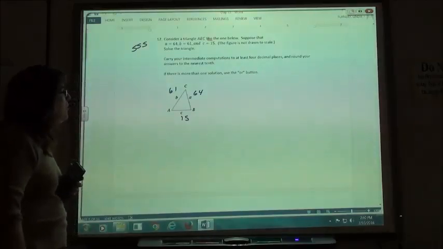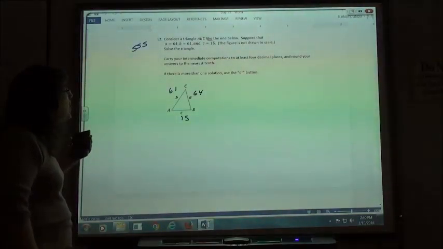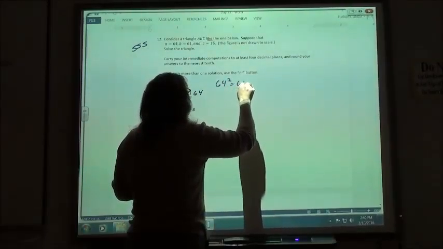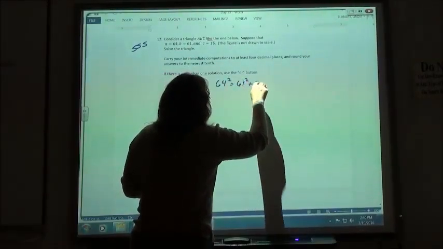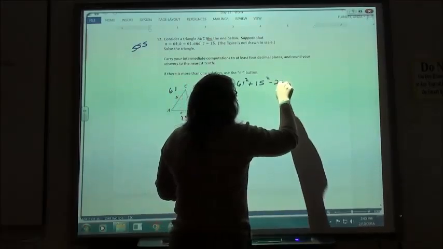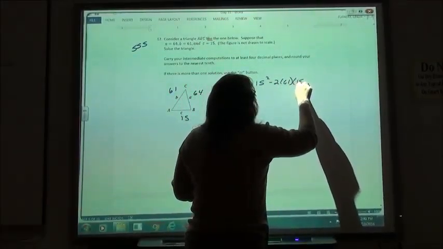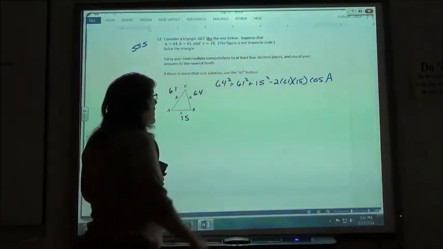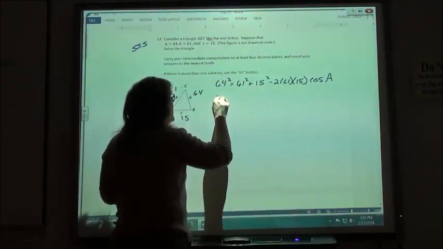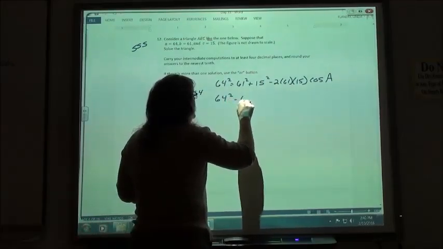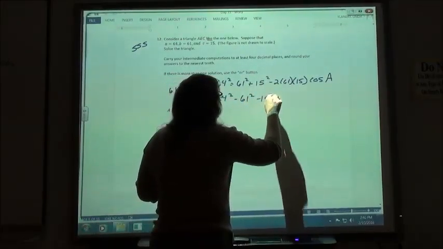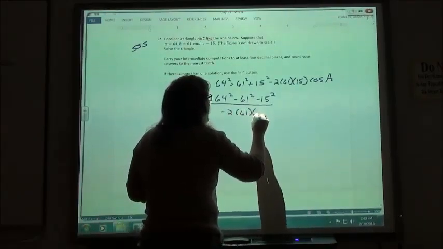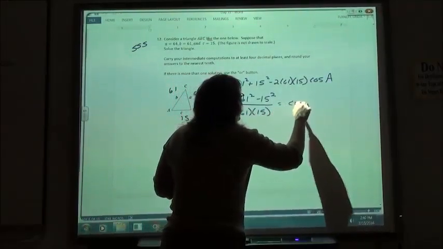So using our law of cosines, again, I always like to just start with A. So 64 squared equals 61 squared plus 15 squared minus 2 times 61 times 15 cosine of A. So rearranging it, 64 squared minus 61 squared minus 15 squared divided by negative 2 times 61 times 15 equals the cosine of A.